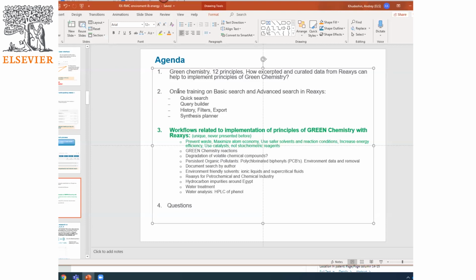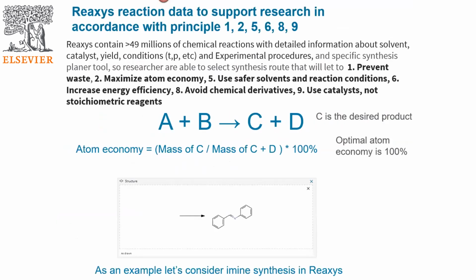Okay, so now we have covered the second pillar, and let's go to the workflows. With workflows, we will start particularly with the principles of green chemistry. Principles number 1, 2, 5, 6, 8, and 9 are related to reaction data in Reaxys.